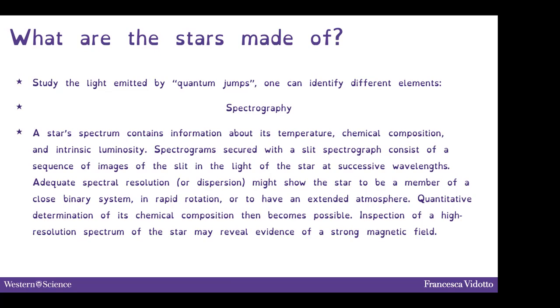So if you receive light that is produced by electrons jumping within an atom, you will see some very characteristic lines of light, lines of different colors, and each of these lines will be associated with a particular jump.